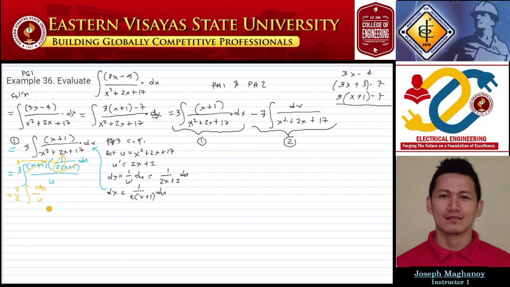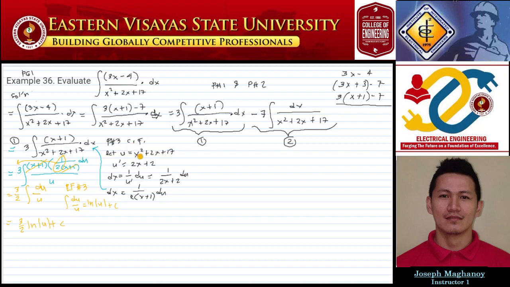So we can apply our power formula, or our logarithmic formula number 3. We have du over u, that is ln absolute u plus c. So we apply. So 3 halves ln of u plus c.